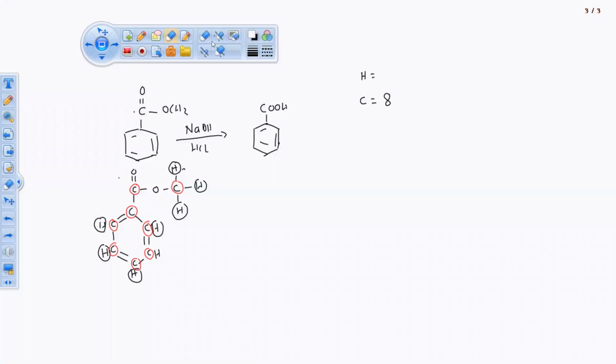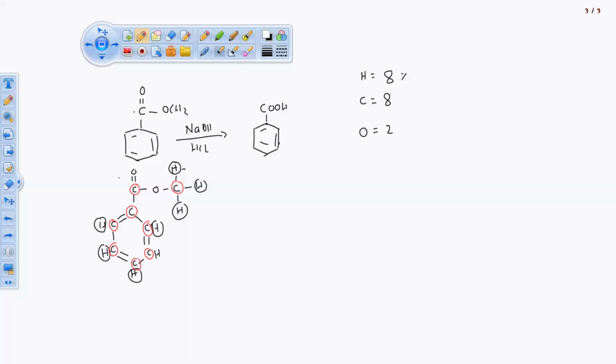Hydrogens are also 8. Carbon also 8. Oxygen, how many oxygen are we having? 2 oxygen.